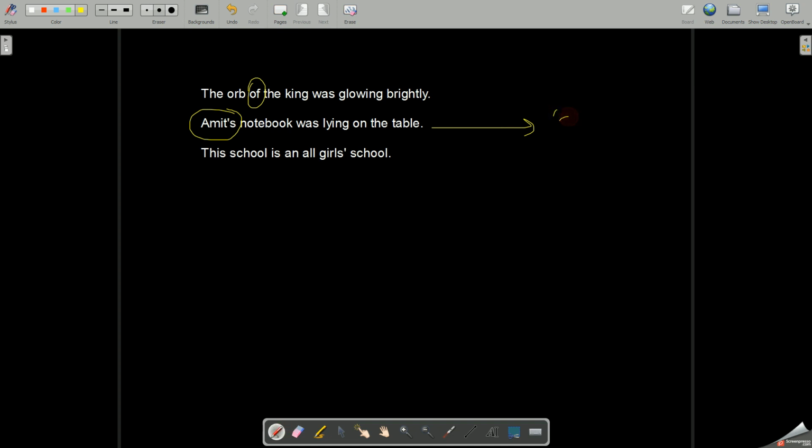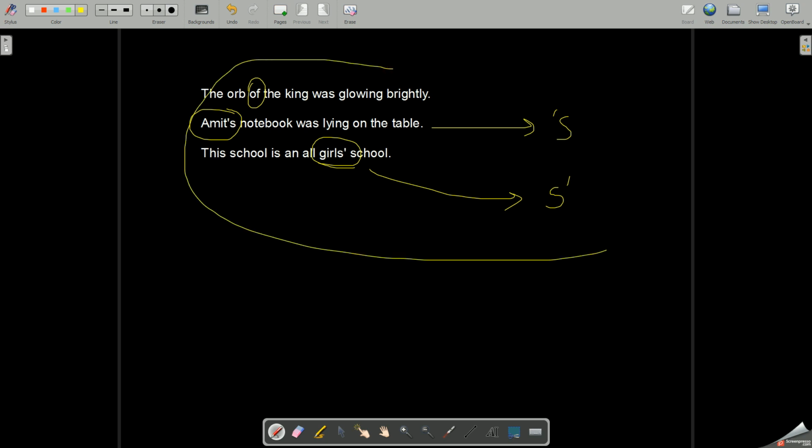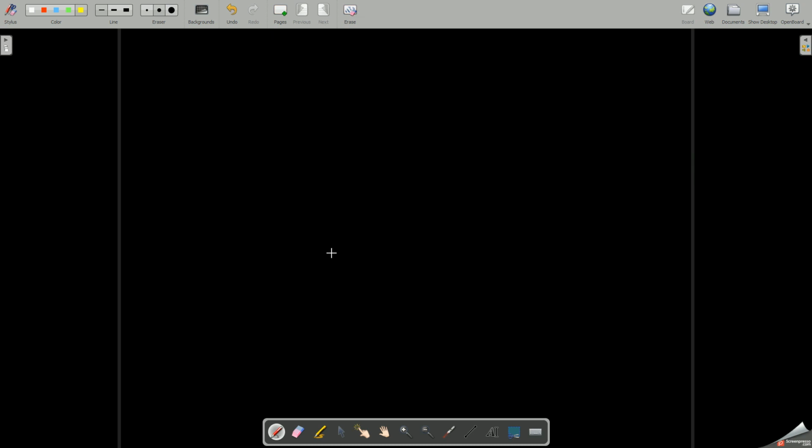First apostrophe and then the s. But over here, when we are saying all girls school, a school where many girls come to study, here it should be after s there should be the apostrophe. So these are the rules which are followed when we are working with possessive case. So this is in case of nouns.